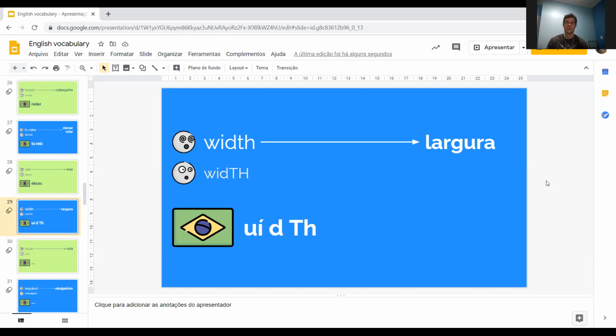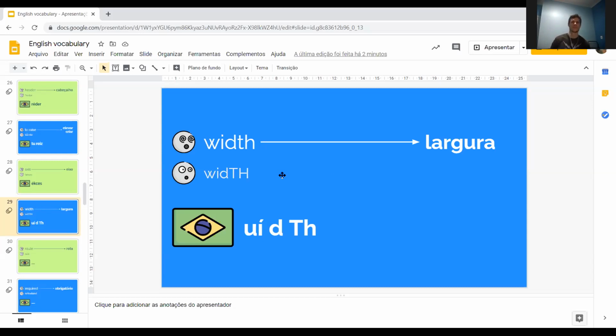Just the air after the D. Just blow out air for the TH. Width. Man, I had to practice. Yeah. Watch the video a couple more times and you'll get it.